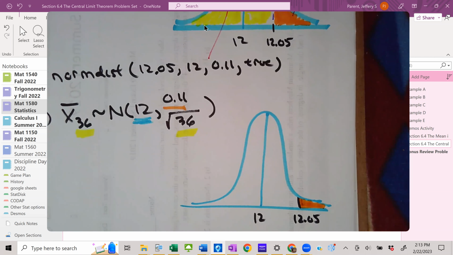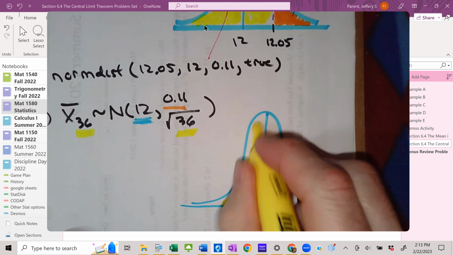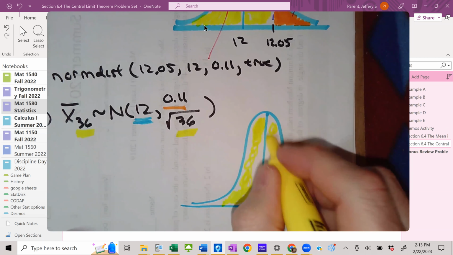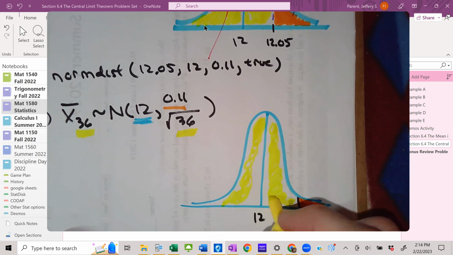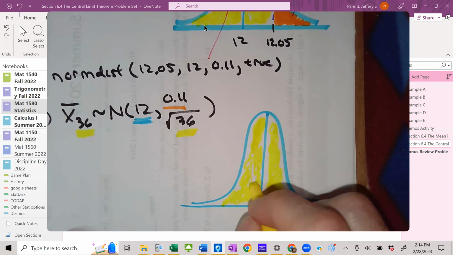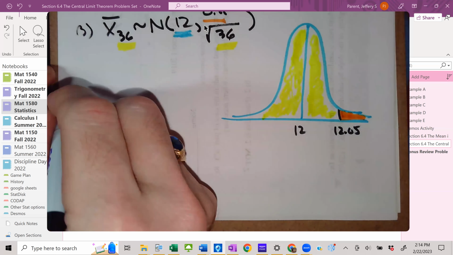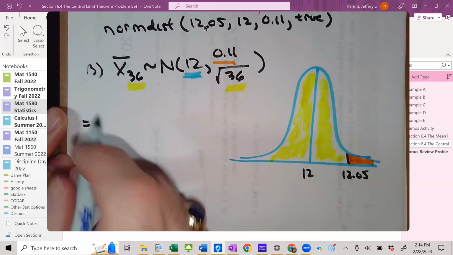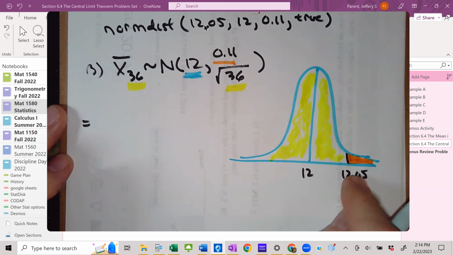We're still going to look at it and calculate it the same way. We want to find the area in the right tail, but to do that, we got to find the area in the left tail and then subtract from 1. If you wanted to do it all in one command, are you going to use norm distribution or norm inverse? Distribution. Distribution, good, because you got an X value, you want to find an area.